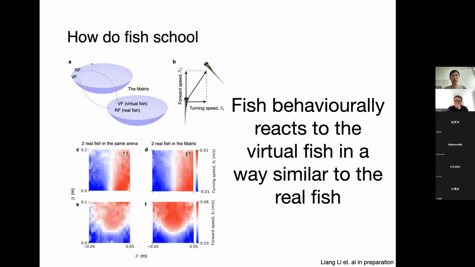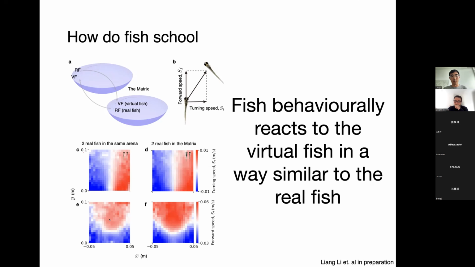2 real fish in the same arena, and then we analyze the turning speed and forward speed of the focal individual as a function of the neighbor's position. For example, if the neighbor is here, the focal individual will turn right. If there's a neighbor here, then the focal individual will turn left.